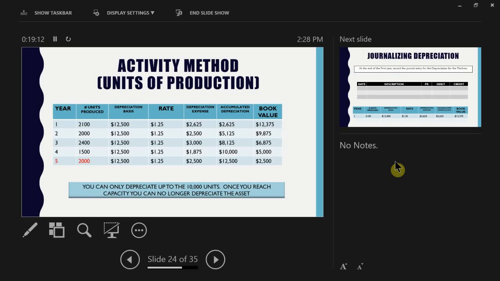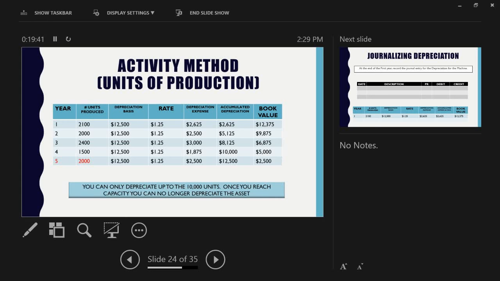Now, one thing that you can never, ever depreciate beyond is the produced amount. Yes, realistically you could say it produced 22 more items, but think of this as a capacity.